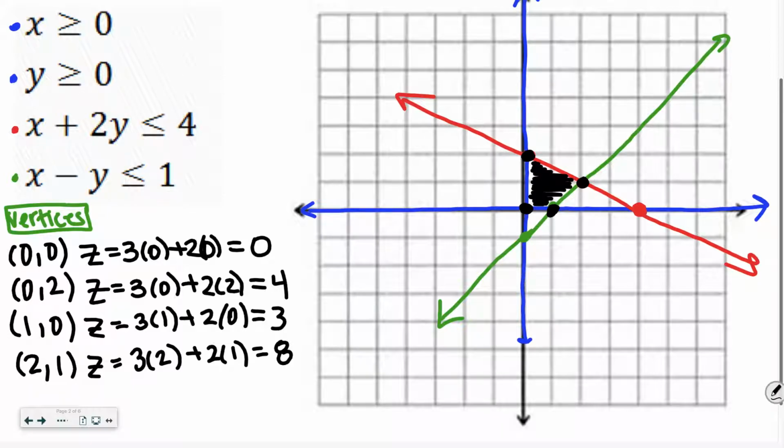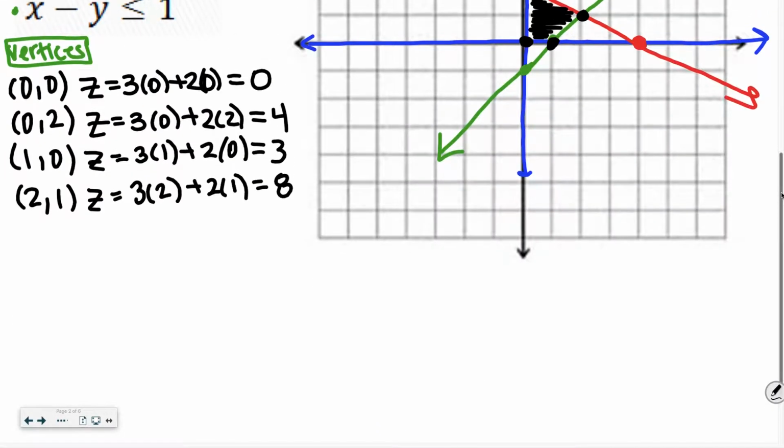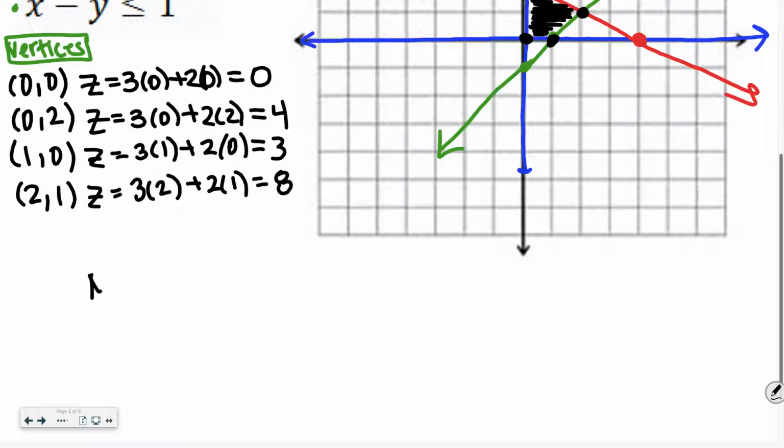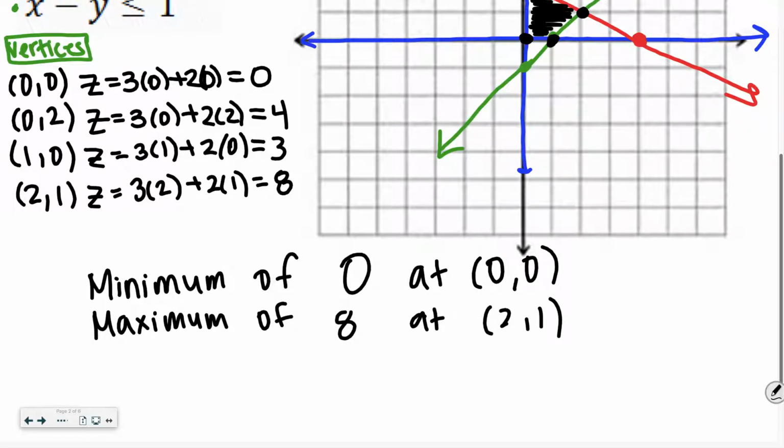Okay, so we have a minimum of 0 at the coordinate 0, 0. Not really a surprise, right? But then what's our biggest value for z? 8. So we have a maximum of 8 at the coordinate 2, 1.